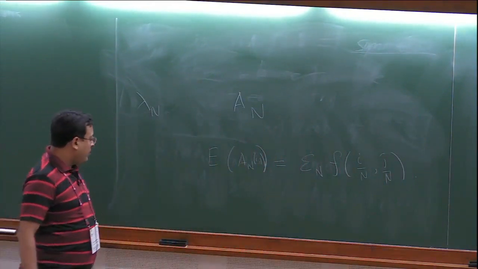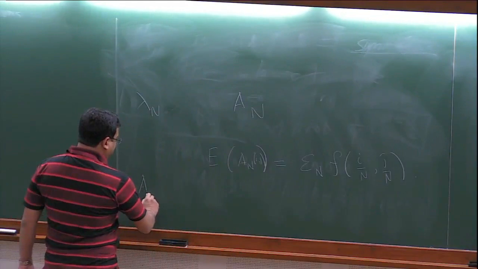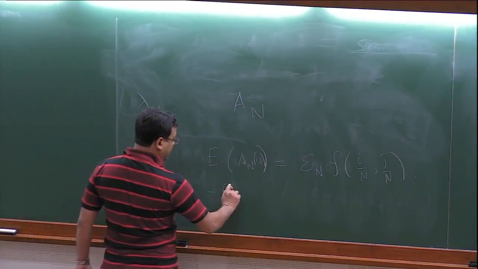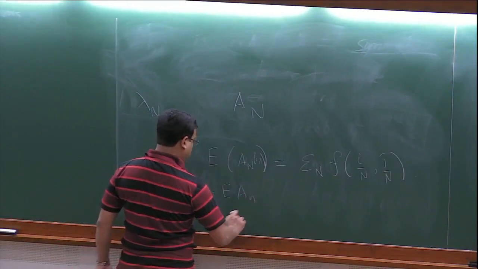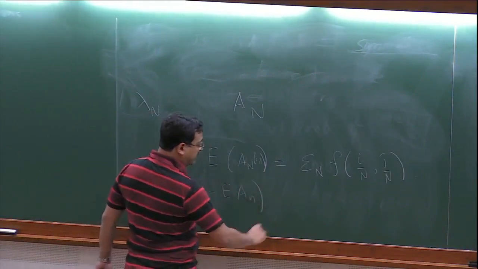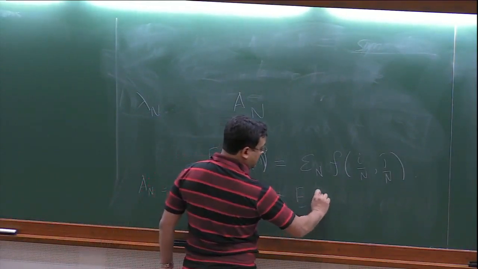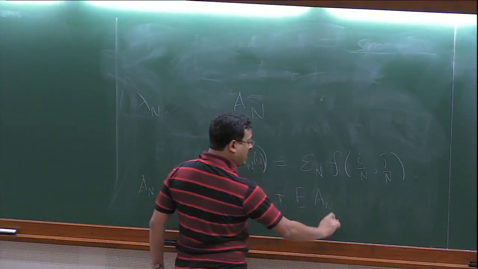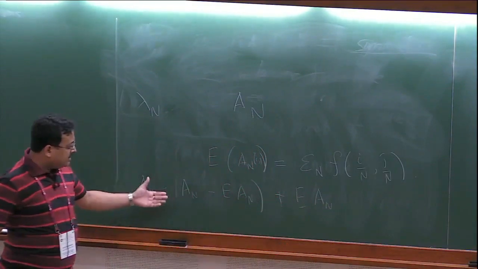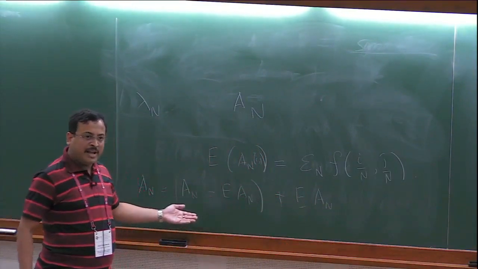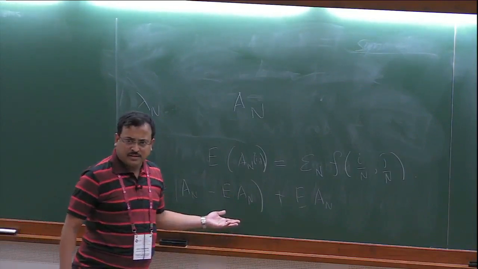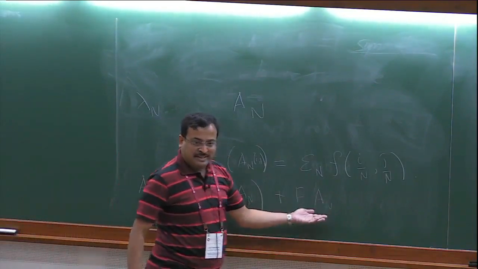So what we do is we write An as An minus expectation of An, so this is a matrix, plus expectation of An. Okay? And this, after scaling, behaves more like a Wigner matrix, whereas this is a deterministic matrix.